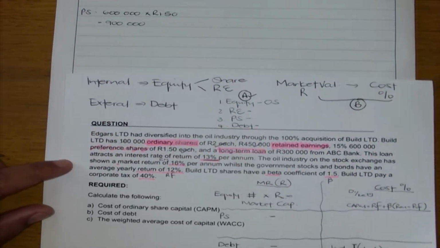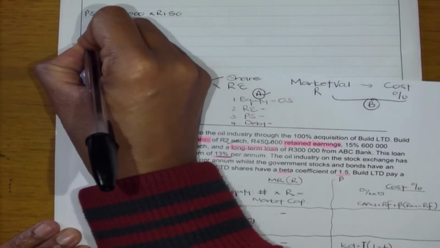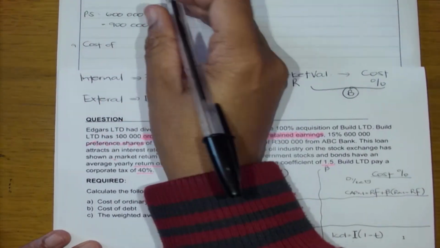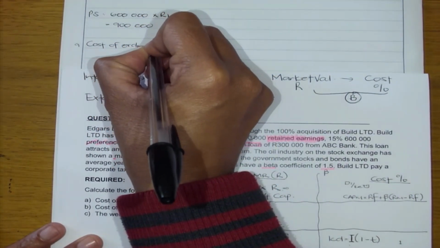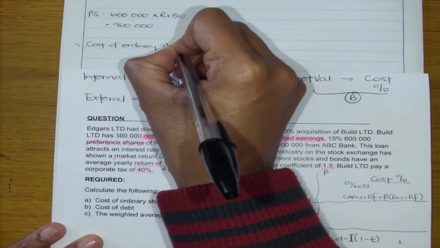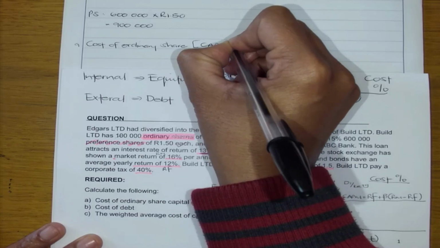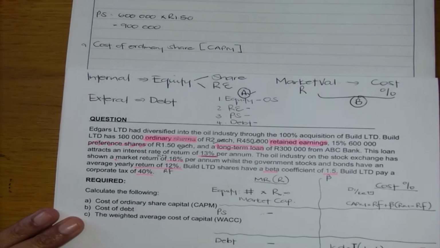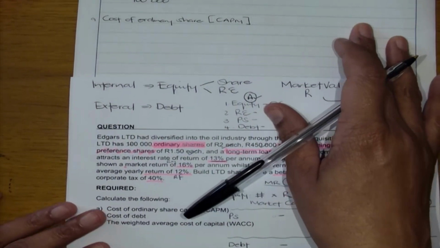Okay, so now we're going to start. Now they want us to first calculate our cost of ordinary shares, right? And they tell us it's CAPM. Remember, they don't always have to tell us that, because you can identify risk-free, your market return, and your beta, then you should already be able to identify that's what they want, right?